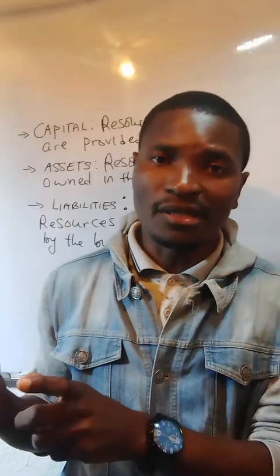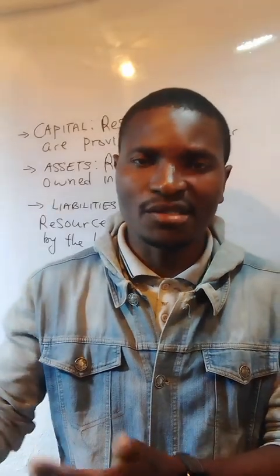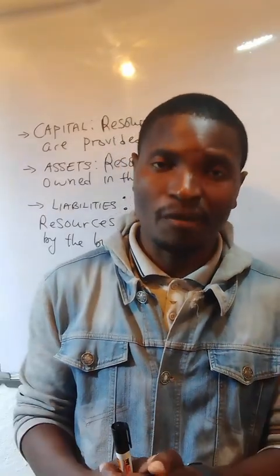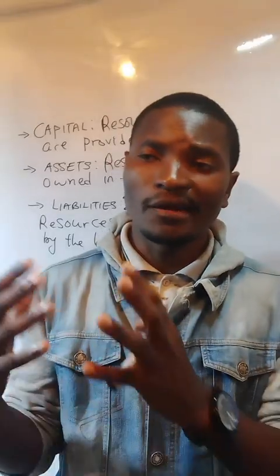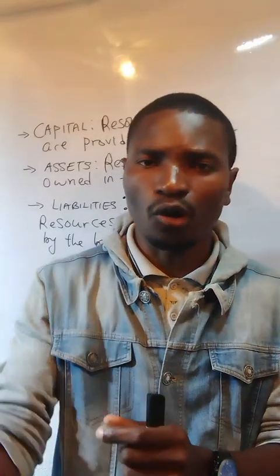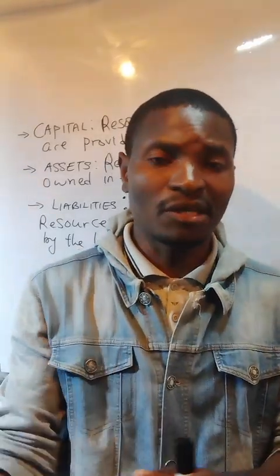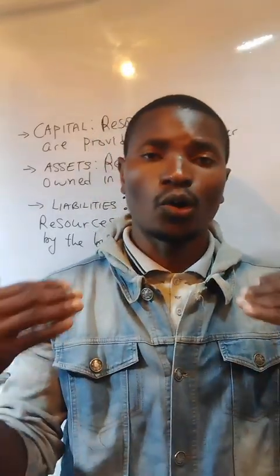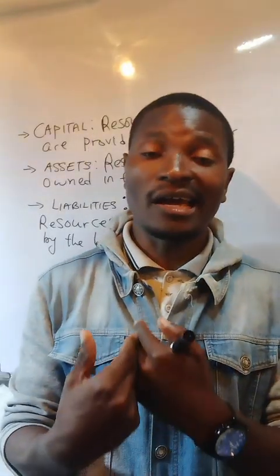So the liability could be a long-term liability or a short-term liability. Sometimes it happens that the business wants to fall off. The company may undergo bankruptcy or insolvency and be unable to operate.